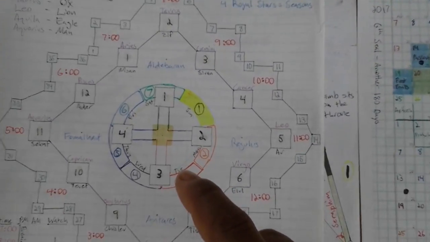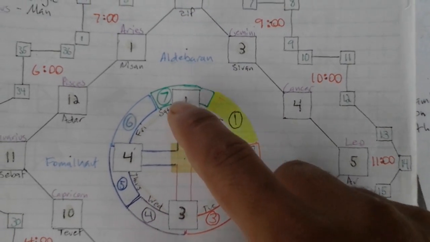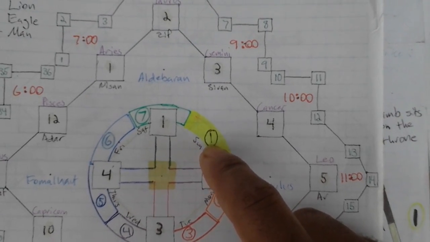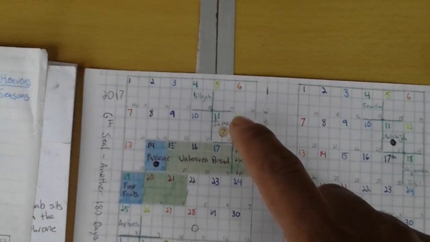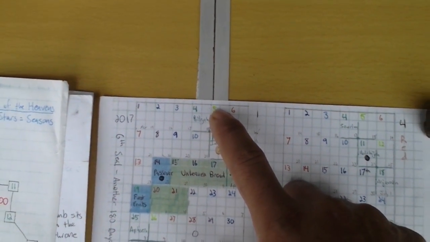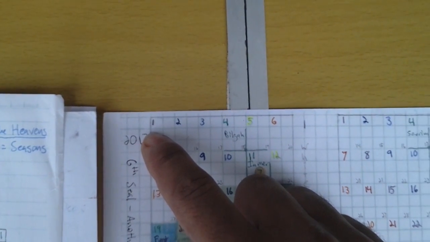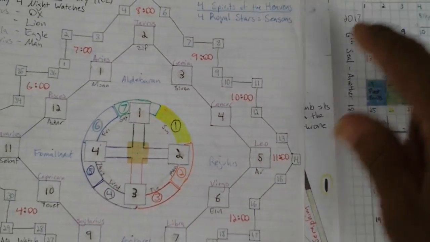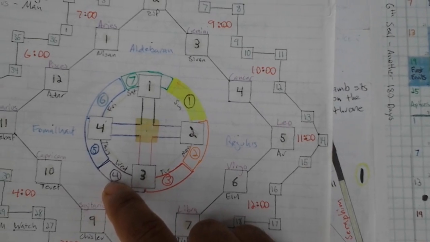All right, so the thing you need this for is the days of the week. You can see the Sabbath is green. Sunday is day 1, and it's in yellow because yellow is let there be light. So on day 1, God said, let there be light, right? But there was no sun and moon. So the sun and moon came in day 4. That's why the year starts in day 4 or Wednesday, okay? But what you have here, guys, is see the colors that correspond. See, Wednesday is purple.